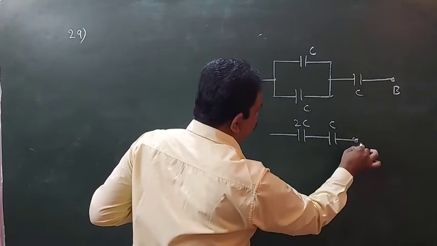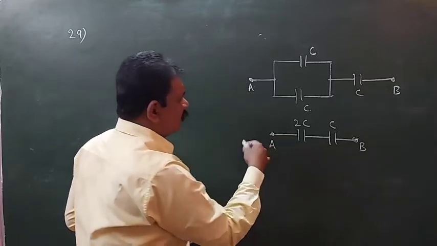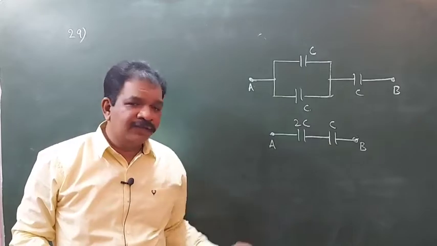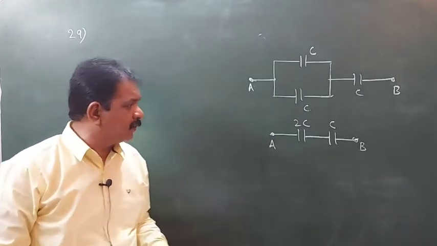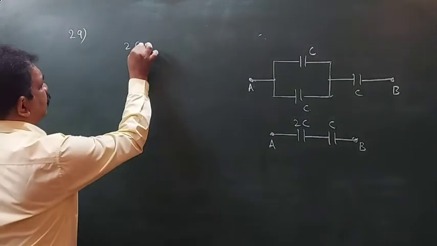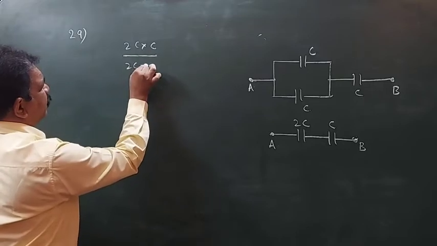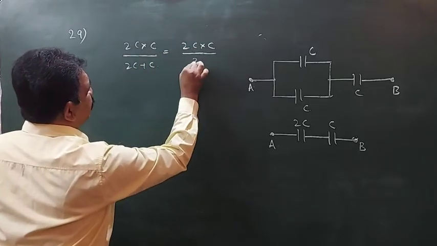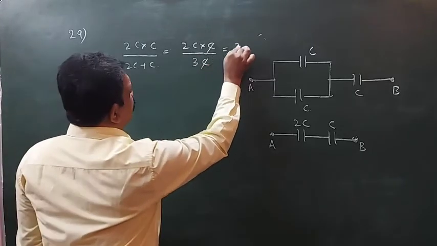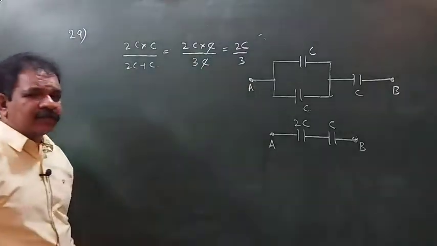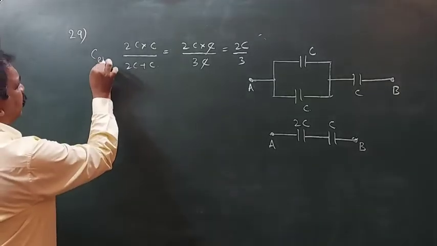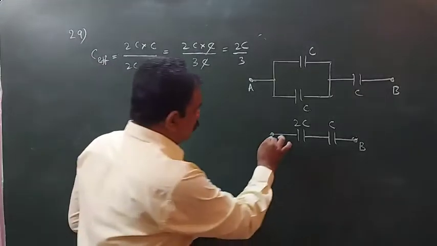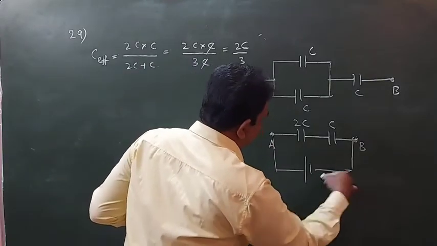These two are in series, so C1 C2 by C1 plus C2 means 2C into C by 3C. So the effective capacity of that combination will be equal to 2C by 3. Across them one battery is connected.